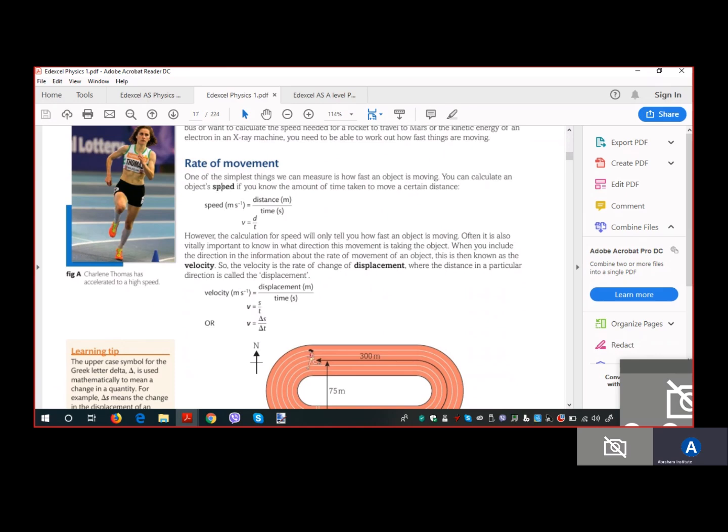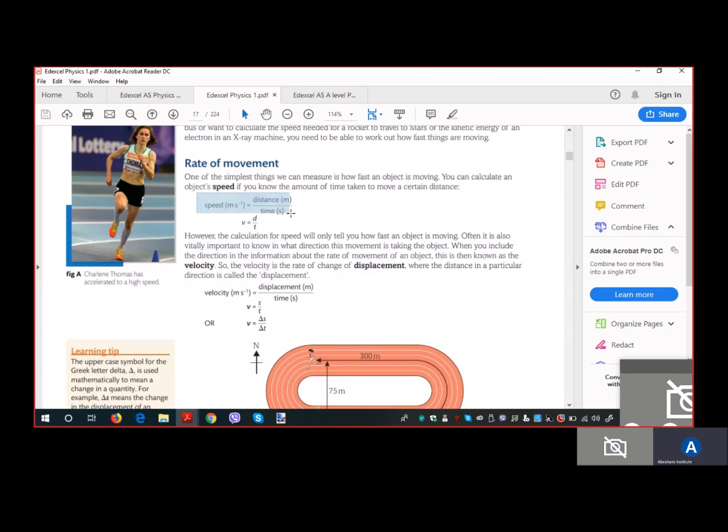Whatever is in bold black letters is very important. You should know the meaning. That means you have to study the definition. In the exam paper, they can ask you to define displacement, define velocity, define speed. Then you should write the definition or you should write the formula. So if they ask you to define speed, you have to write this formula in words. Because if you write it in symbols, you have to explain what each of these letters mean.